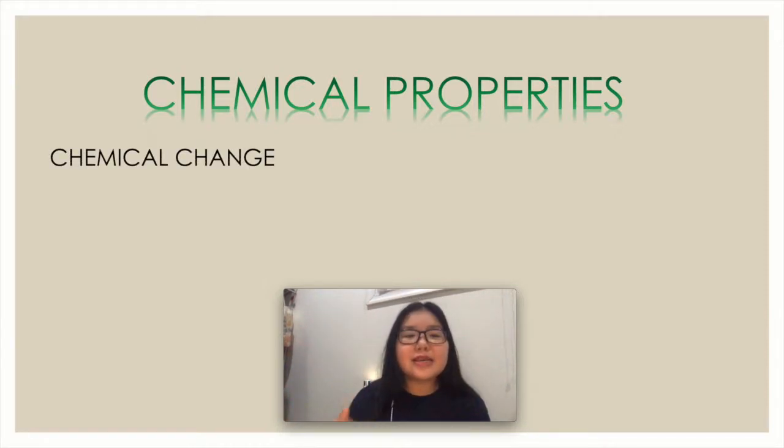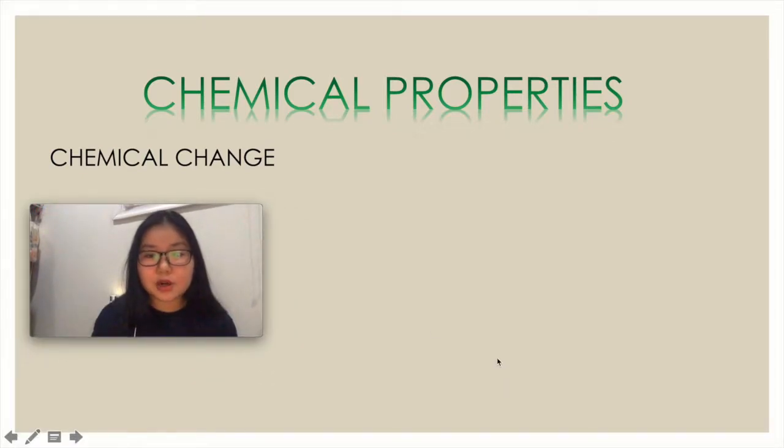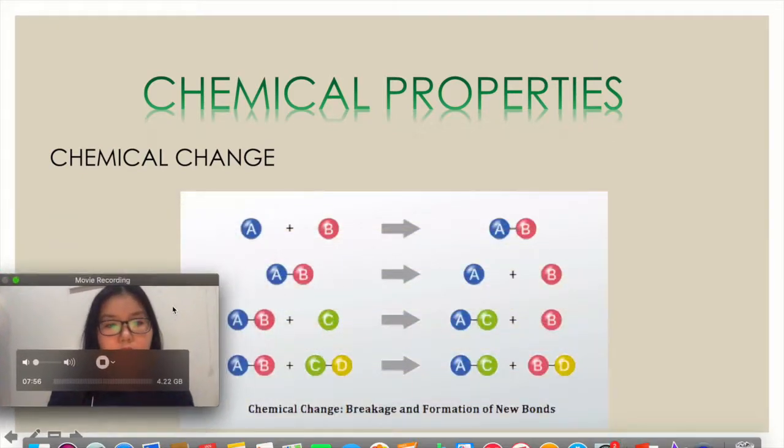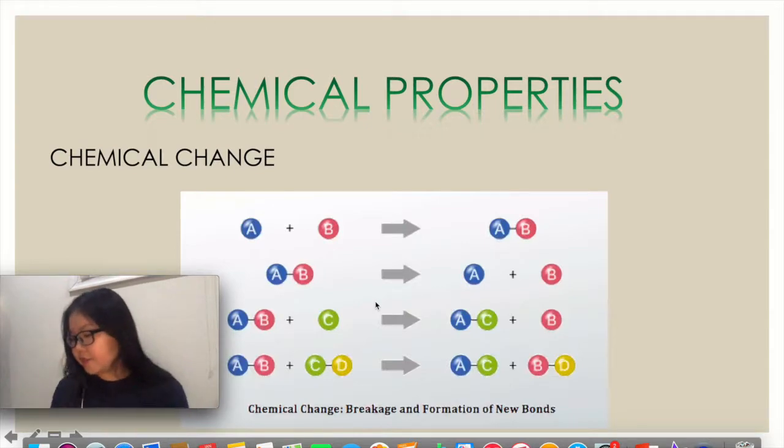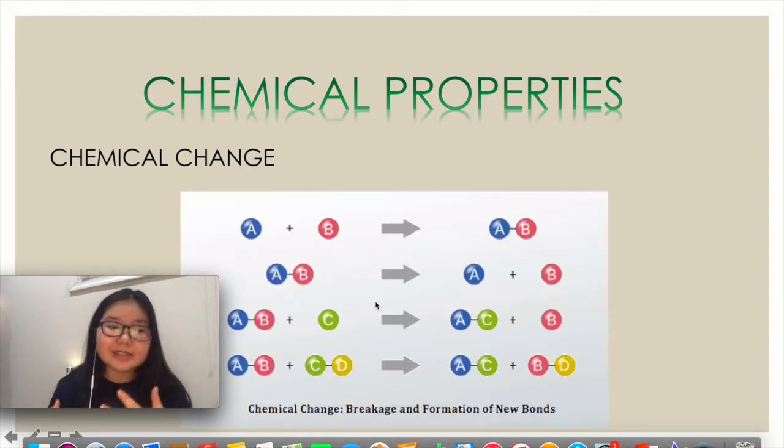So the first thing is chemical change. As you can see in here, I will give you a picture of this. Oh, sorry, actually in here. So as you can see, how they change and the way they combine with each other. Chemical properties are the properties of a substance that are observed when a substance undergoes a chemical change.